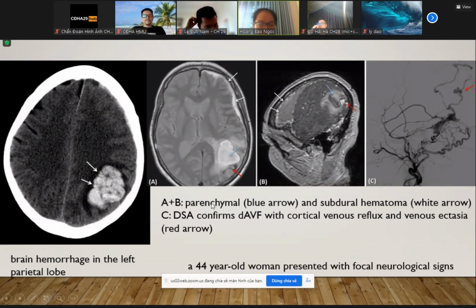In the MRI imaging, there is a parenchymal hematoma marked with the blue arrow, and a subdural hematoma with the white arrow. In DSA imaging, it confirms a dAVF with cortical venous reflux and venous ectasia, which is likely the site of rupture.